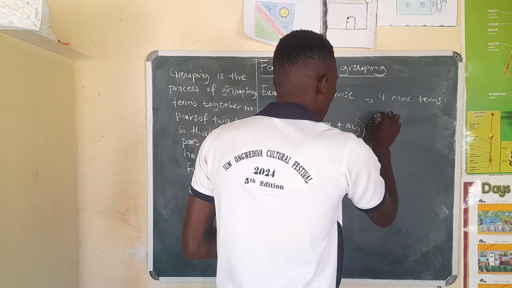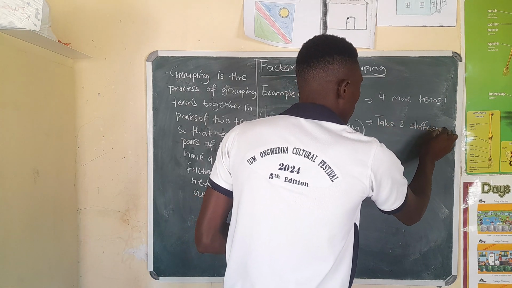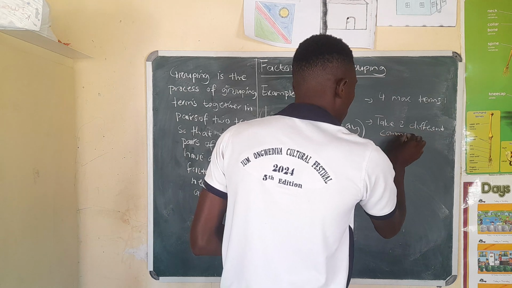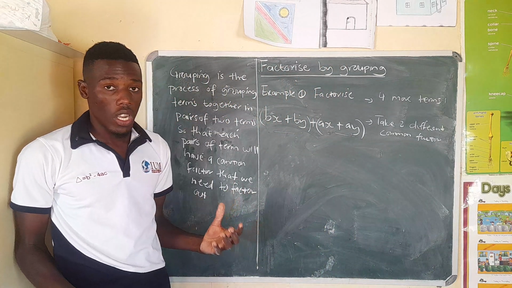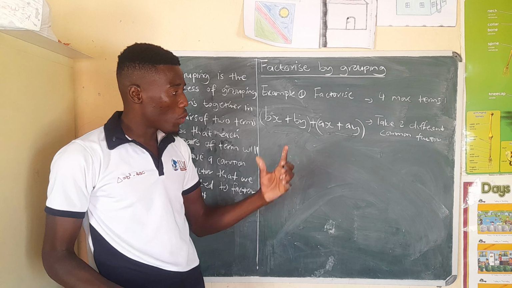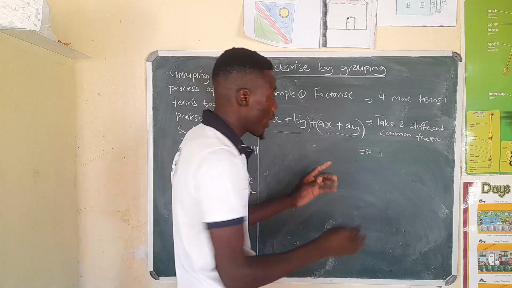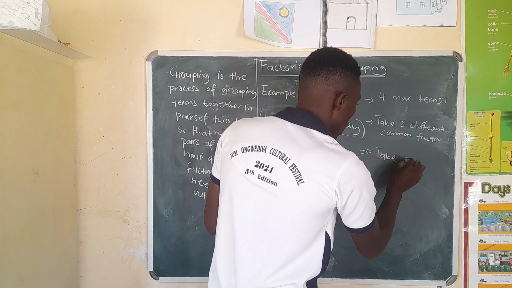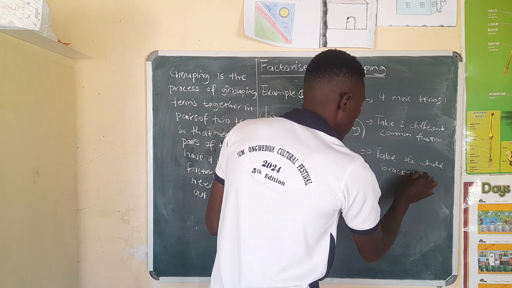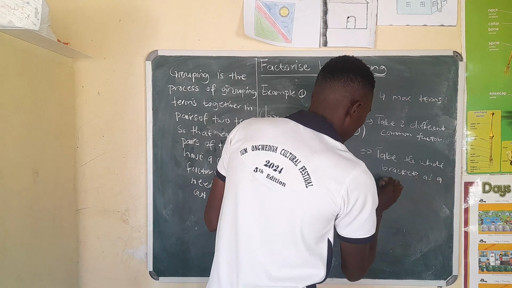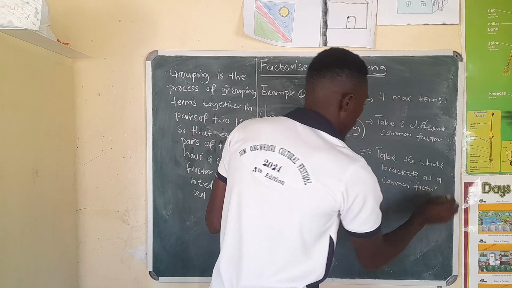Now, if you are given an expression with 4 terms, what do you need to do? You have to take 2 different common factors. Now, once you have taken 2 different common factors, then the last thing, you have to take the whole bracket as a common factor.